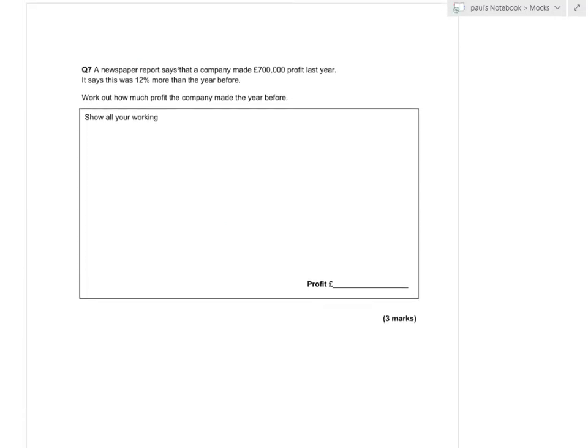A newspaper report says the company made £700,000 profit. It says that this is 12% more than last year. So work out how much profit they made the year before. So this is 12% more. So that represents 112%. So if we get 700,000, divide by 112, multiply by 100, we'll find out what the profit was for last year.